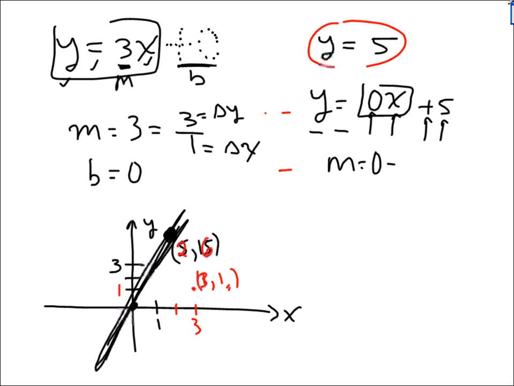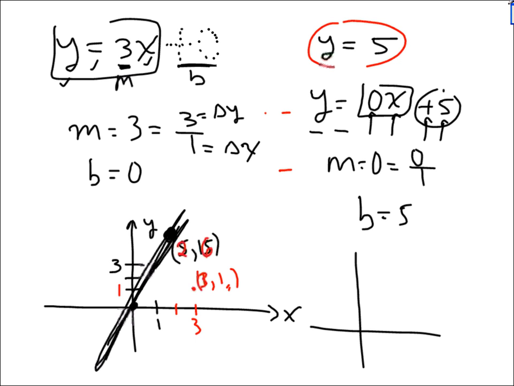Y is equal to mx plus b. M is 0, which you can think of as 0 over 1, or 0 over 9, or 0 over negative 2, and b is 5. Okay? So, I go to b, 1, 2, 3, 4, 5. I know I'm right there. That's my y-intercept. And the change in y is 0.